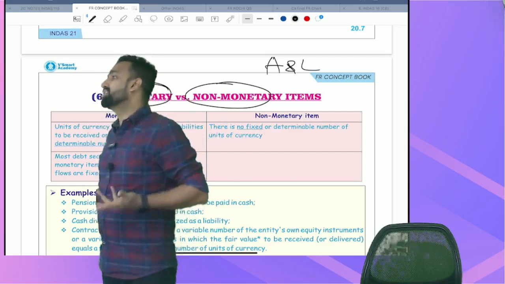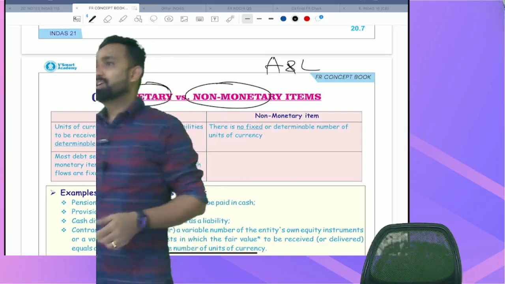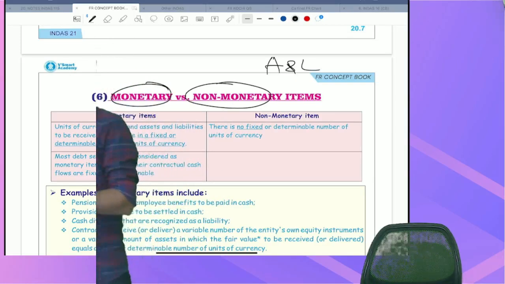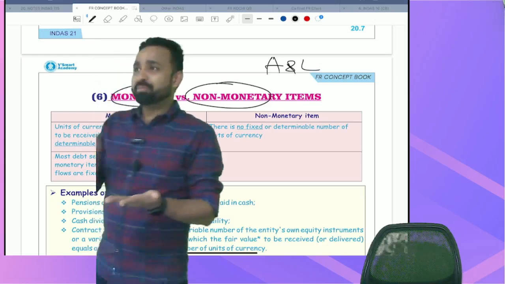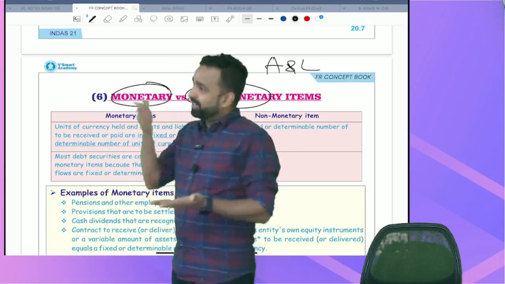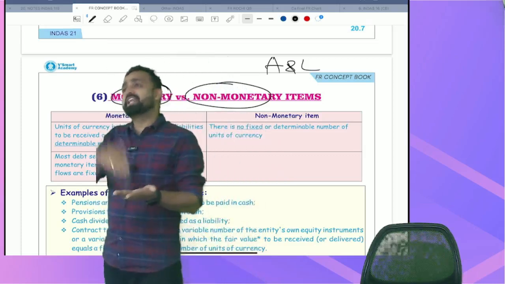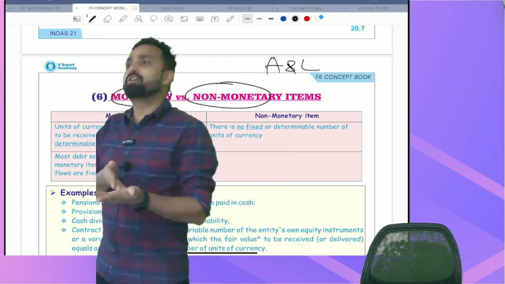But what should Ind AS 21 do? Because Ind AS 21 says you purchase the inventory in foreign currency, it becomes your foreign currency non-monetary item. You purchase the building in foreign currency, it becomes your foreign currency non-monetary item. You purchase the equity investment in foreign currency, it becomes a foreign currency non-monetary item. You purchase land, which is your investment property, in the US, it becomes a foreign currency non-monetary item.